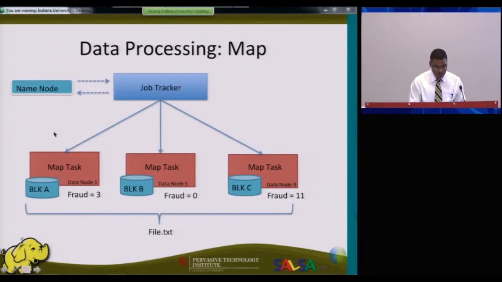So the job tracker asks the name node where the data is located for the map task. Once I do that, I apply the function; in this case, I want to count how many times fraud appears. And that's basically it.